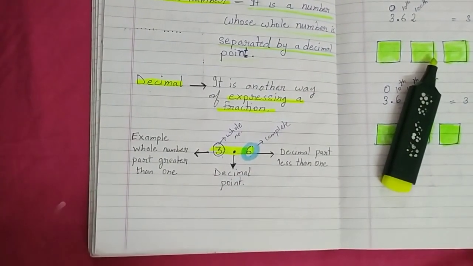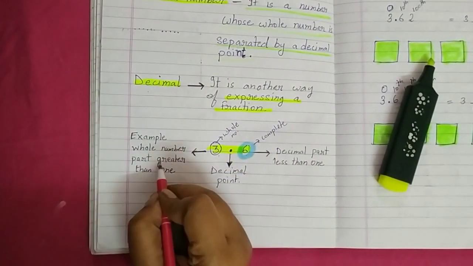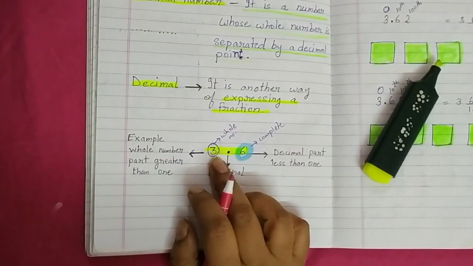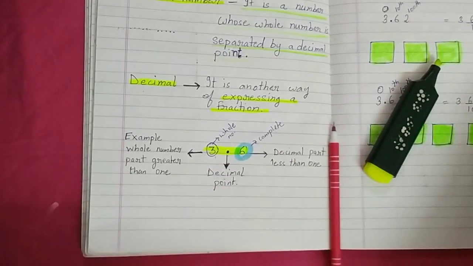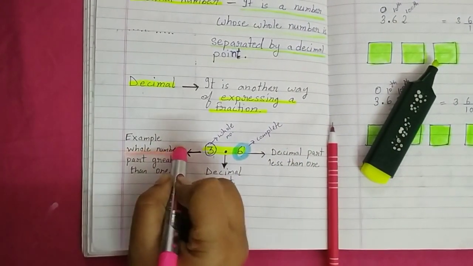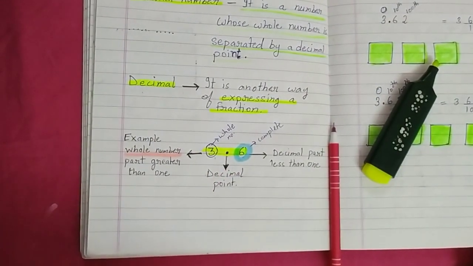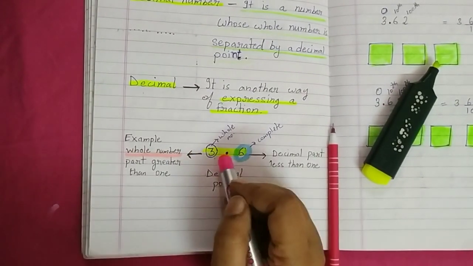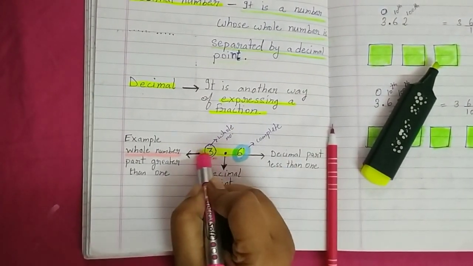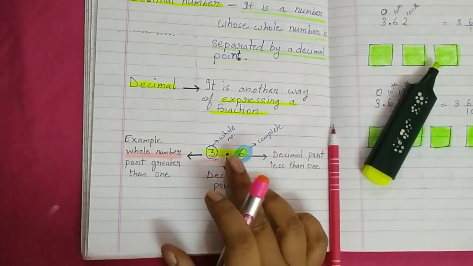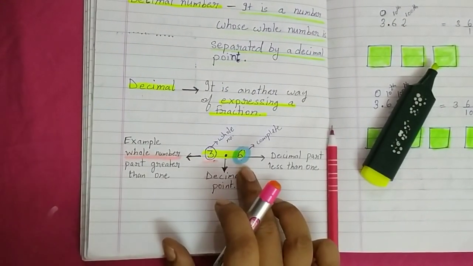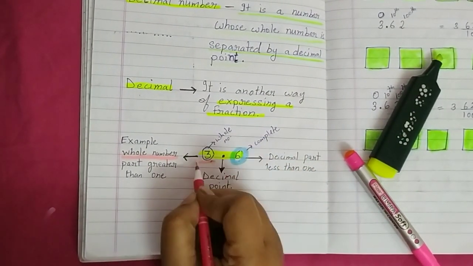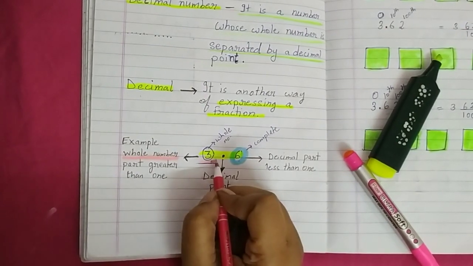This much is clear. So the whole number is the greater part, 1 or greater than 1. Always remember, children, the whole number part will always be 1 or greater than 1. Now see, in 3.6, before the point, that means 3, it is a whole number.